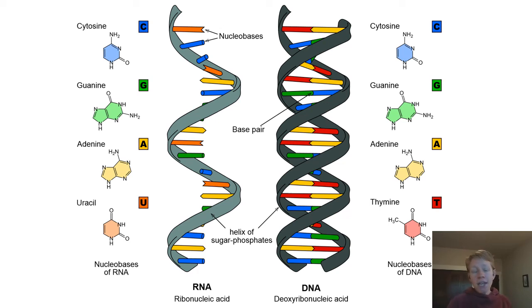The third major difference is when we look down here at the names DNA and RNA, the D in DNA stands for deoxyribose. That is the sugar that is in that sugar phosphate backbone. In RNA, the sugar that makes up that sugar phosphate backbone is ribose. So the R stands for ribonucleic acid.